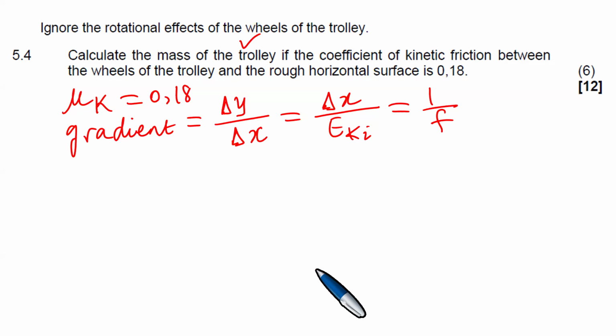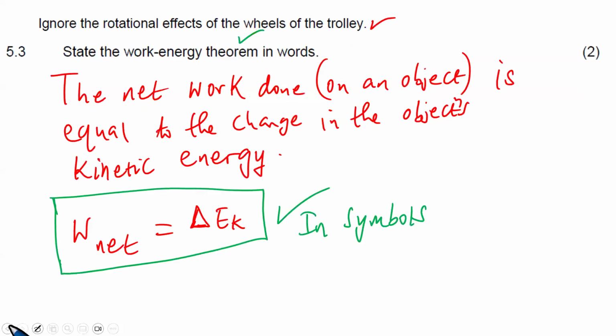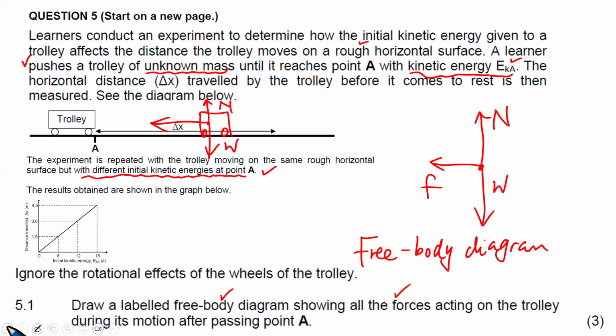So this is the formula we use here to calculate the gradient. Now, at this point, we're asking ourselves the question, right? If you look at this particular question that we are answering, a couple of things remain very important. If you look at this graph, you're able to see the distance here. What is the distance? You're able to see that the distance, for example, is 1,5 meters. The change in x is 1,5 meters when the initial kinetic energy is 6, or you can use any other value, but you're going to use exactly that.